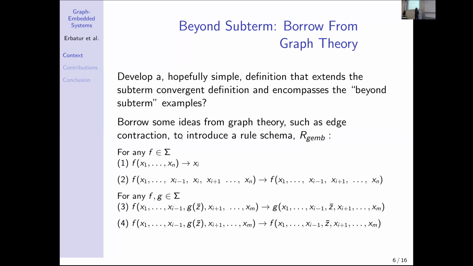We have the same behavior for rule 4. For rule 4, we remove the function symbol G, and for rule 3, we remove the function symbol F. And again, we do not preserve the number of arguments on the right-hand side.